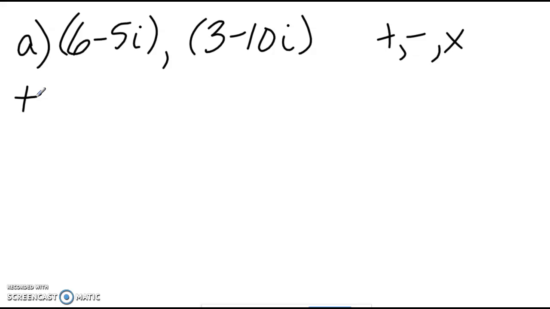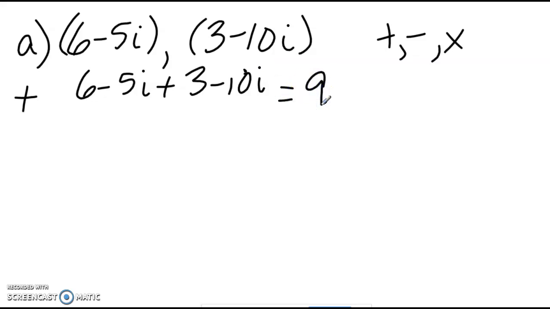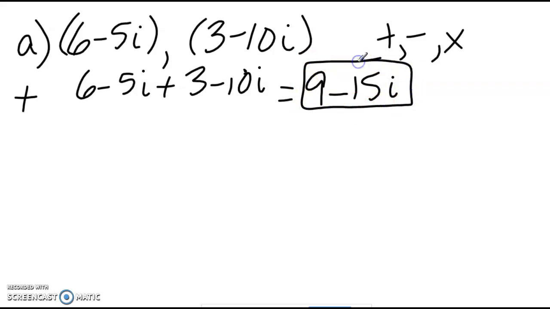No. So I'm going to have 6 minus 5i plus 3 minus 10i. Similar terms or like terms are going to be your imaginary parts and your real parts. And we want to put real first. So we're going to add 6 plus 3 to give you 9. And a negative 5i minus 10i would be a negative 15i. There we go. We have added those 2 complex numbers.